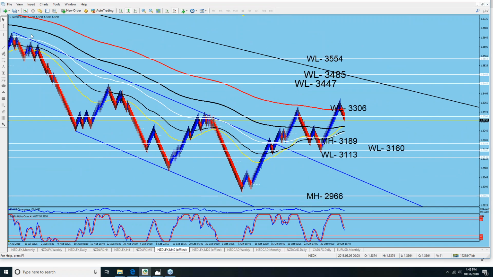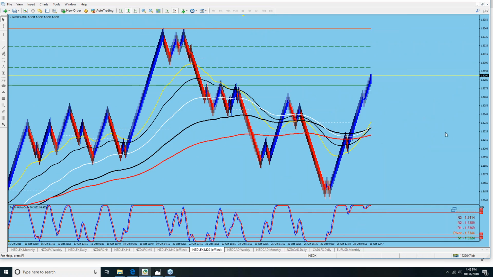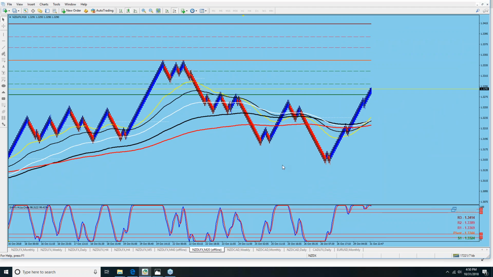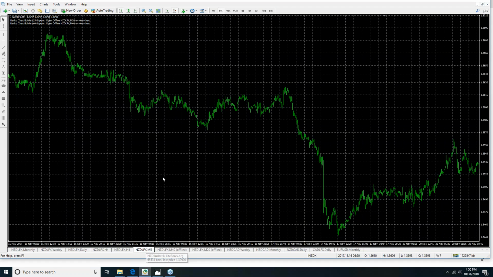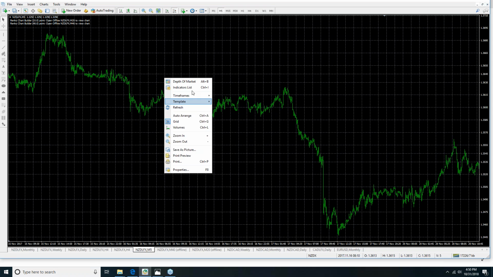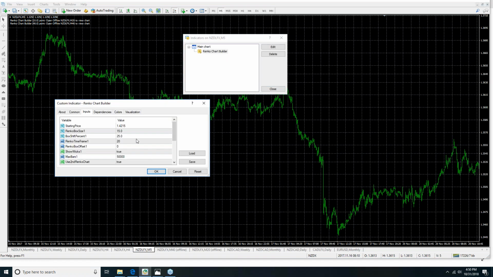Okay, so now see, this is a 40-minute chart, and let me go on a 20-minute chart. This is how it is. I think I did refresh it, right? Maybe not.